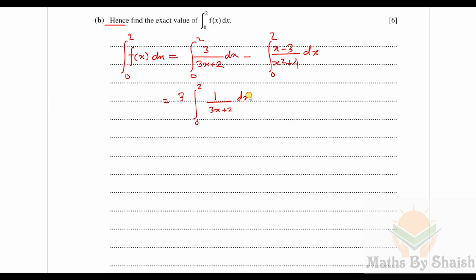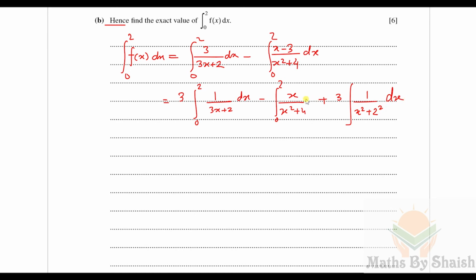I'll separate this, and it becomes minus the integral from 0 to 2 of x over x square plus 4, plus 3 times the integral of 1 over x square plus 4, and we'll write 4 as 2 square, dx.